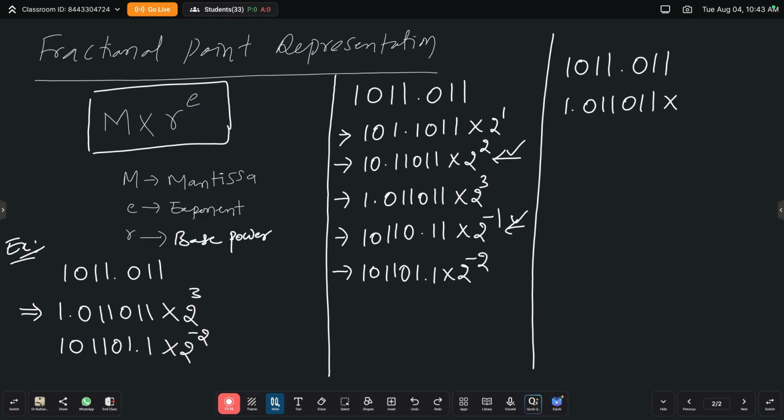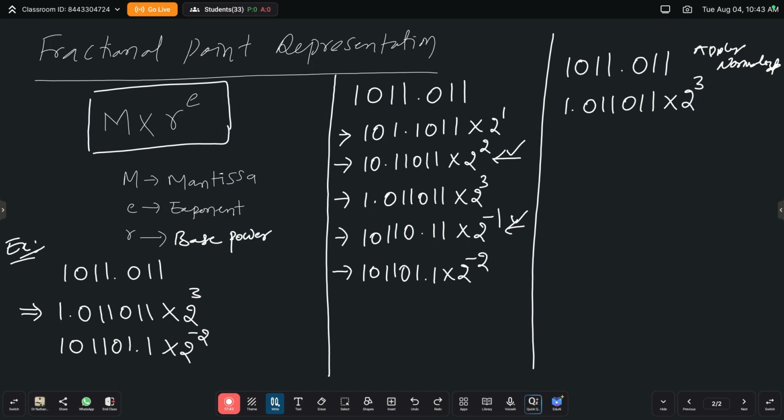Yes or no? Then what is the power of 2? Correct? So this is the representation. To avoid this problem, apply the normalization technique.